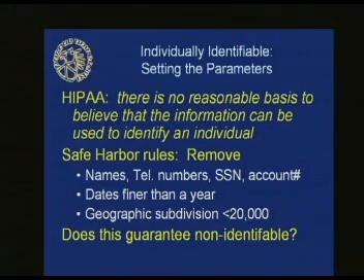Now, does this guarantee that it's not identifiable? Well, not necessarily. You could possibly have 20,000 people and only one of them was born in 1975. In fact, you could probably do a pretty good job of putting out a data set early on January 1st that would contain an individually identifiable person by listing their year of birth as 2007.